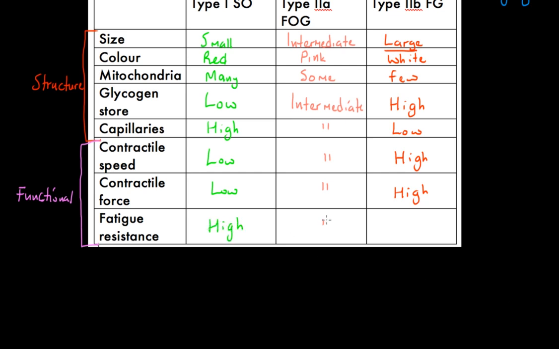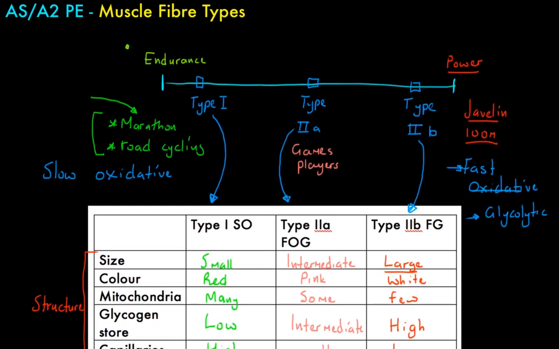Again, the 2As, intermediate, always in the middle, a little bit boring. And the type 2B fibers are low fatigue resistant. So in other words, they fatigue very quickly, very easily. We know that, right? If you do something really powerfully, it's common sense. It should be intuitive. If we do something very powerfully, our muscles get tired very quickly. This is why.